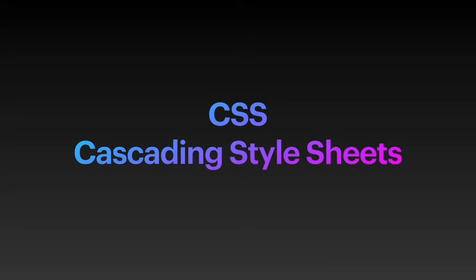Now, what is the full form of CSS? Cascading style sheets. Have you ever thought why it is called cascading style sheets? I mean, what is cascading in this? Well, in CSS, the styles are placed one above the other.